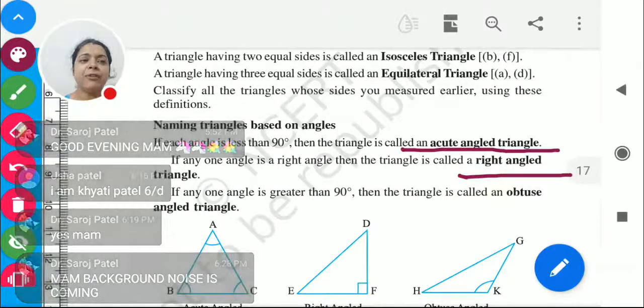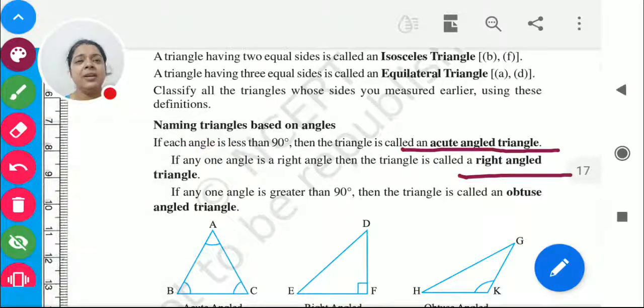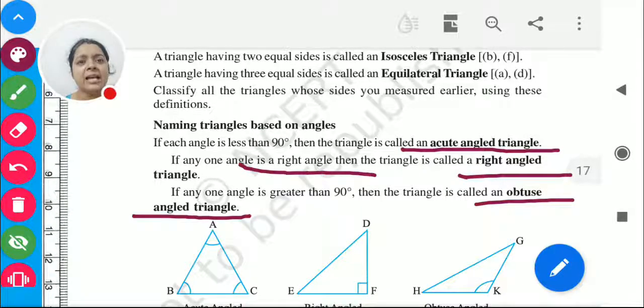So we are coming to the right angled triangle, which has one right angle. Now, obtuse angled triangle means one angle is greater than 90 degrees, and this is called an obtuse angled triangle.